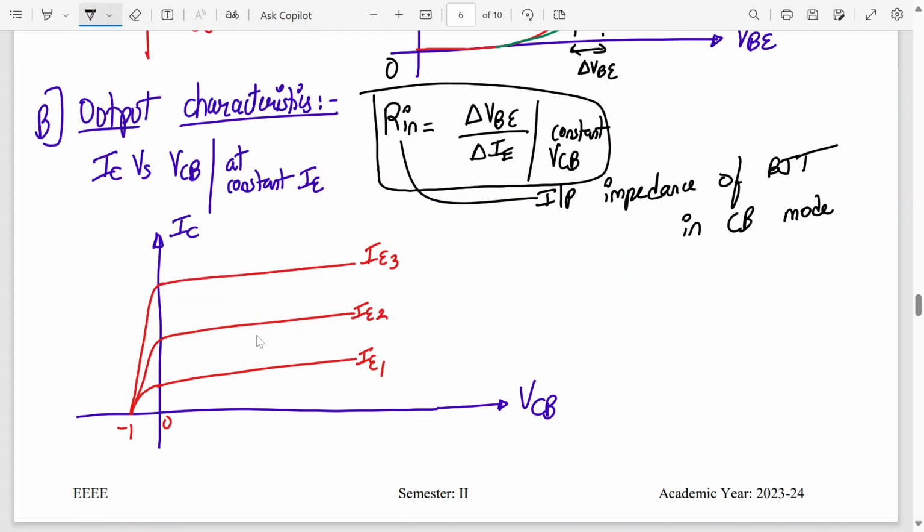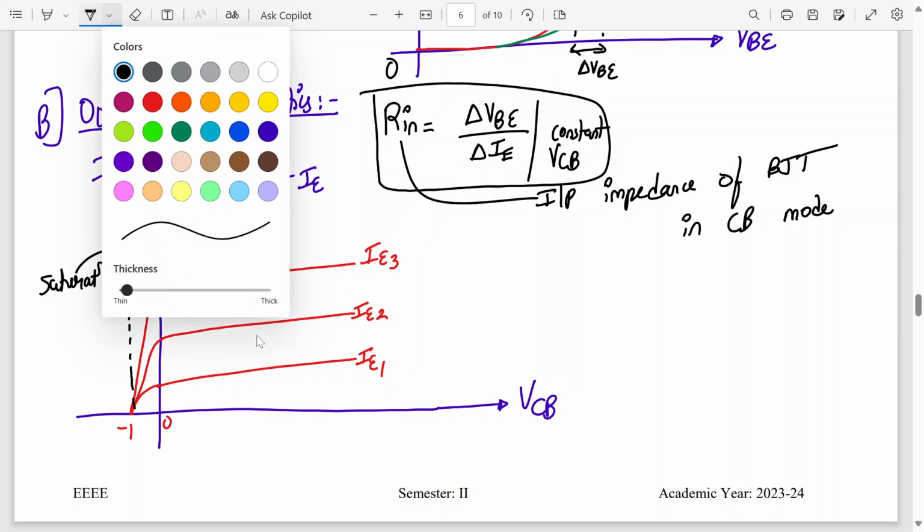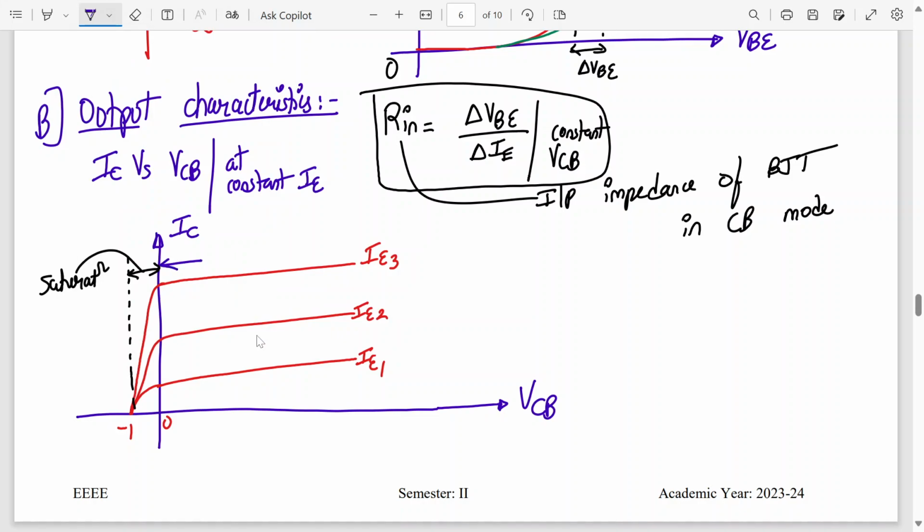Alright, here I can show the different regions of operation. From here to here, this region is saturation. From here to here, this is active, sorry.